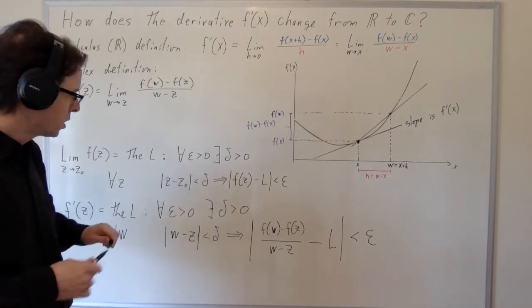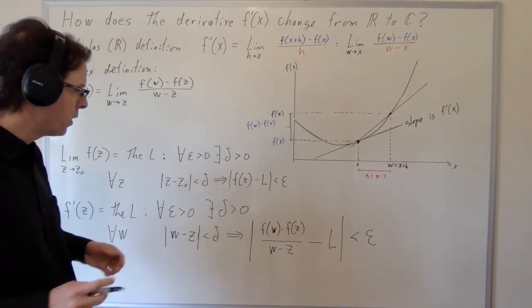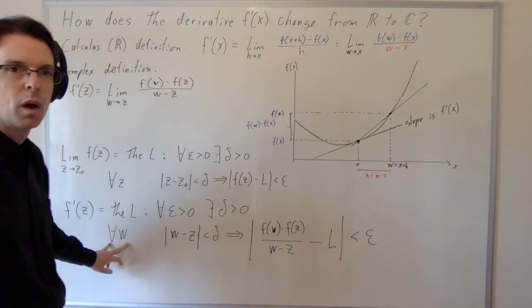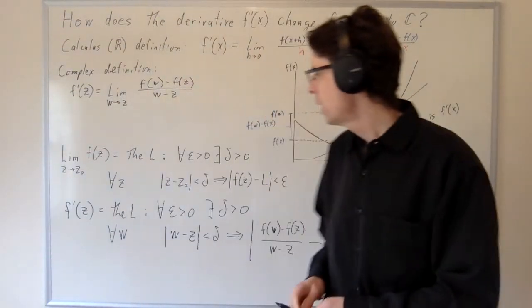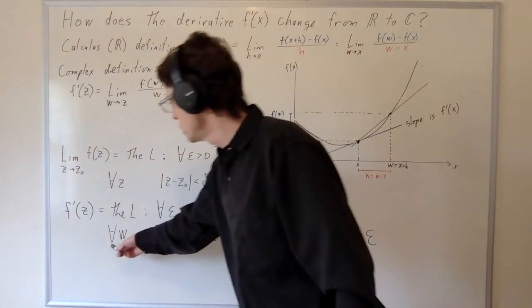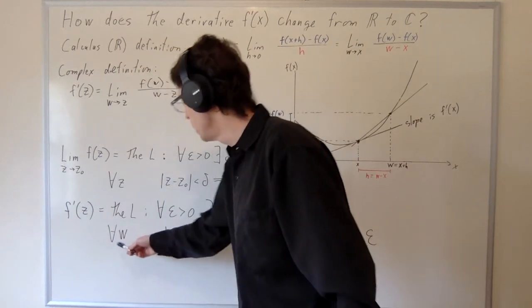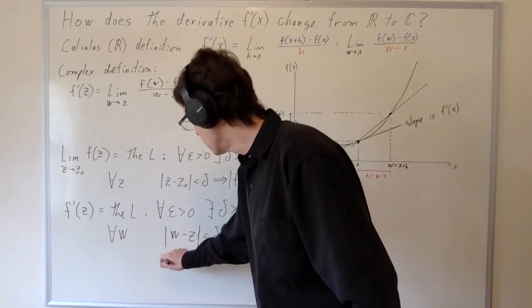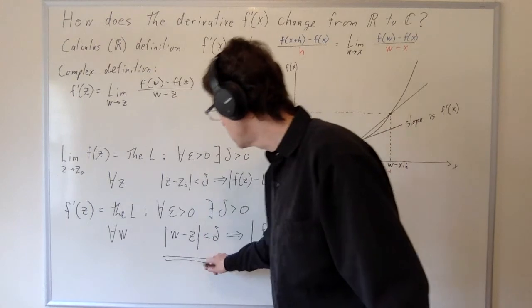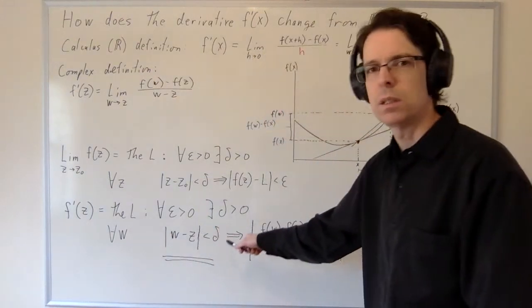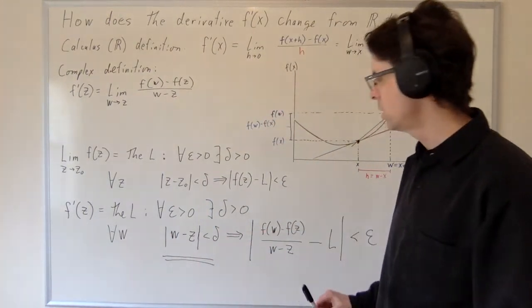But there is actually a real difference here, and one that has some significance, and that is this for all W. Now, the for all W in the limit refers to every possible value that W could take. It's not really for all W, because we immediately say, if this distance is less than delta, then this condition.